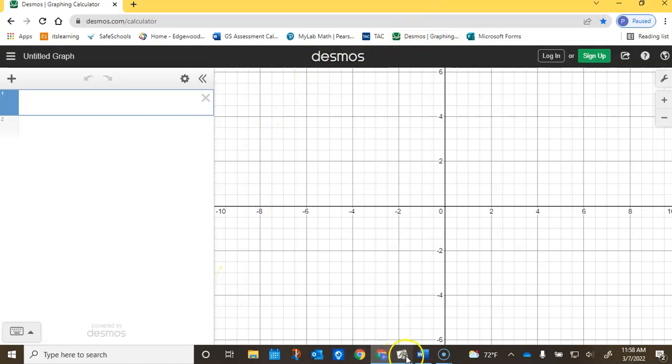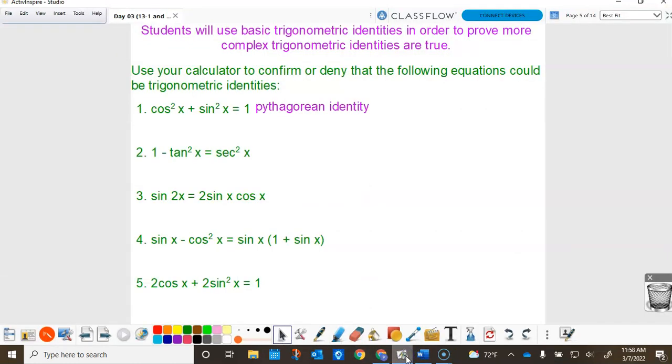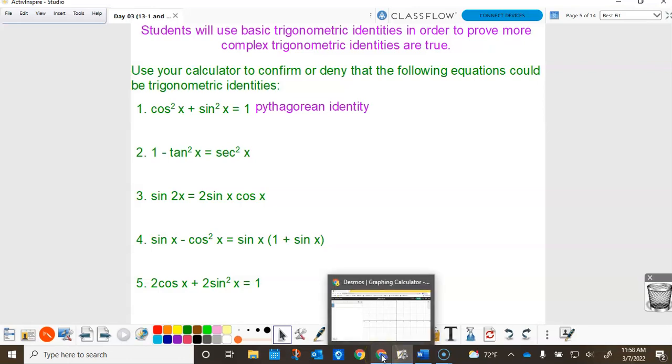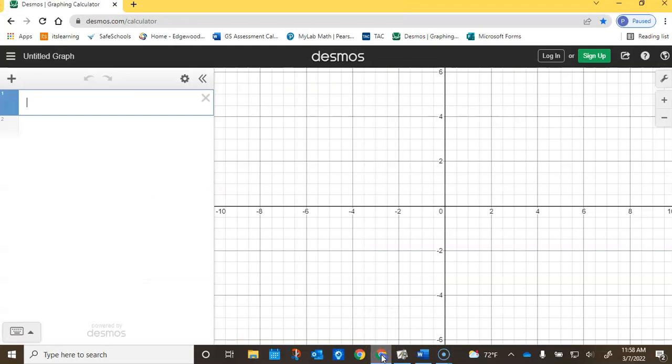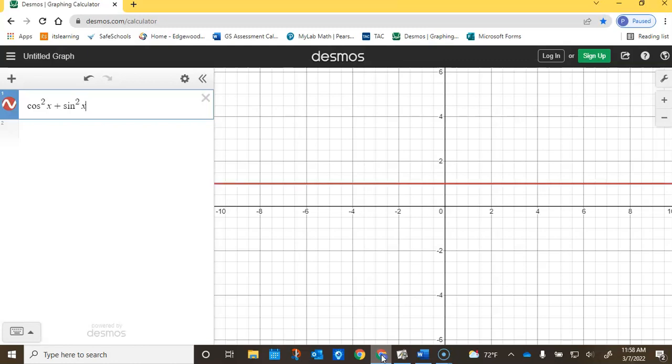So the very first identity that we had was cosine squared plus sine squared equals 1. We know that's the Pythagorean identity, so here's what we're looking for. We're going to go back to Desmos and type in cosine squared x plus sine squared x. So that's our first graph.